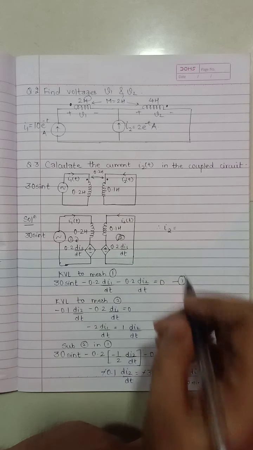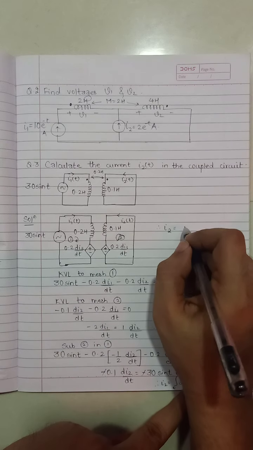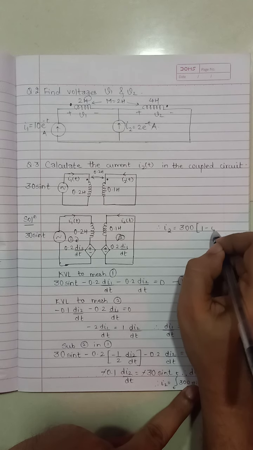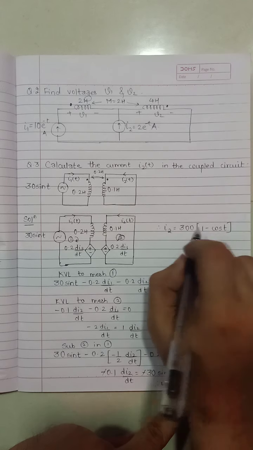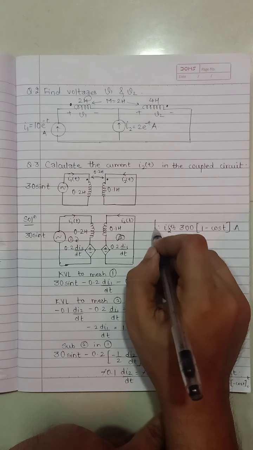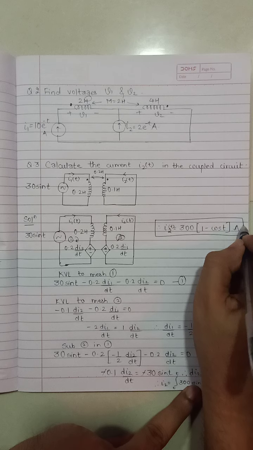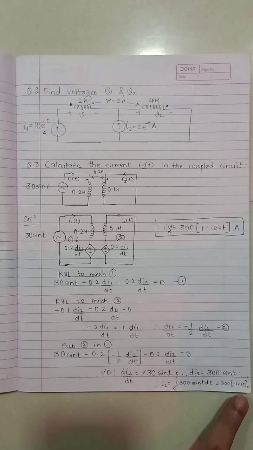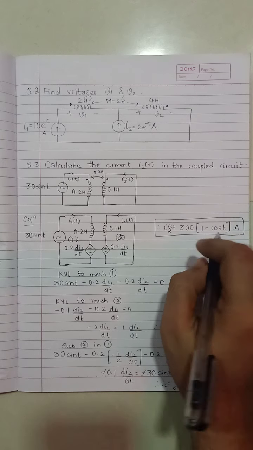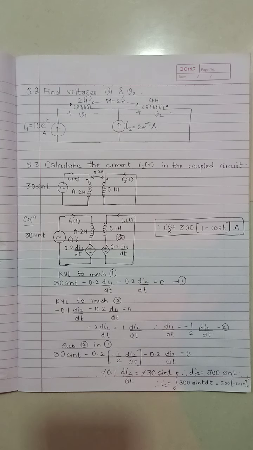So after substituting I'll get i2 as 300 times 1 minus cos t. So this is the value of i2 of t. So 300 into minus cos t, you'll substitute the variables, so you get it as 1 minus cos t in this case.